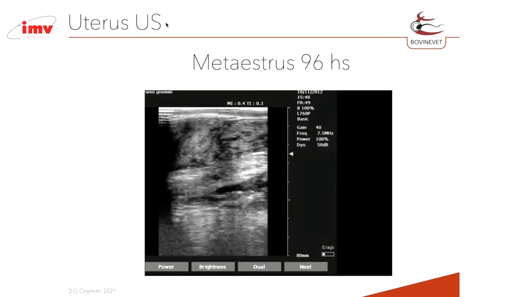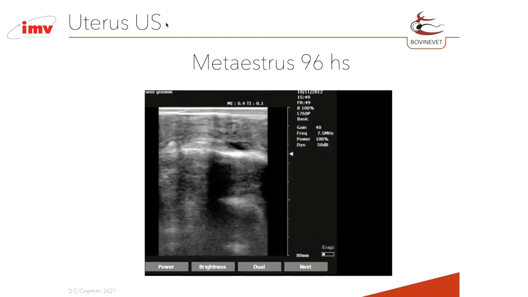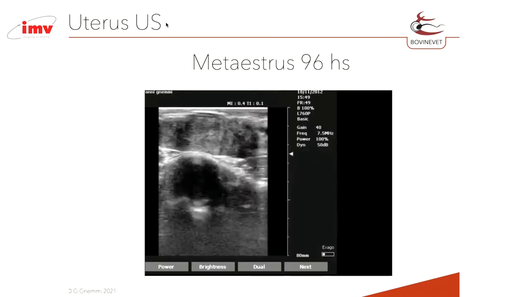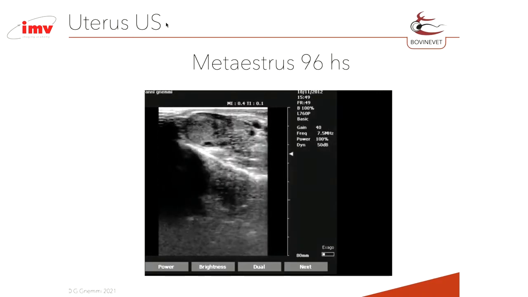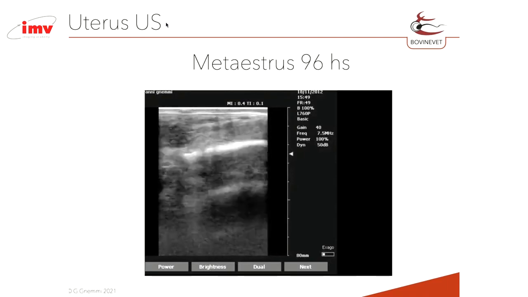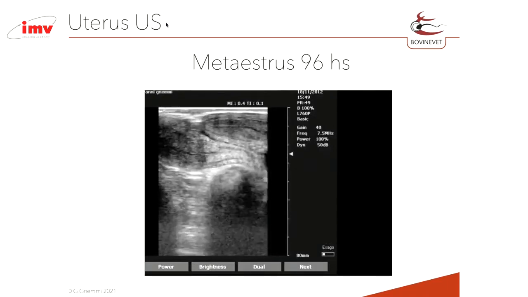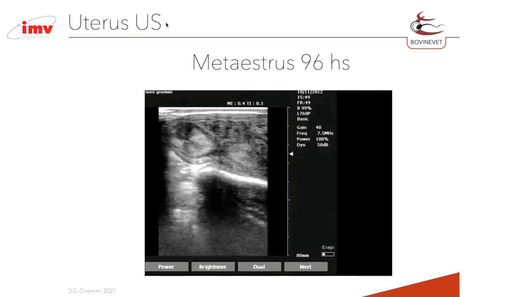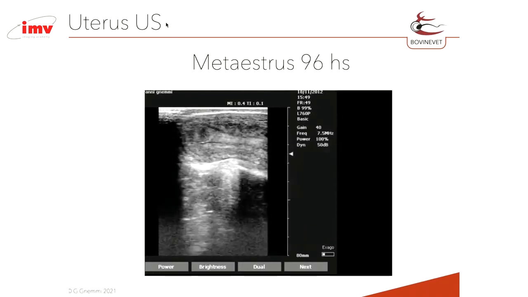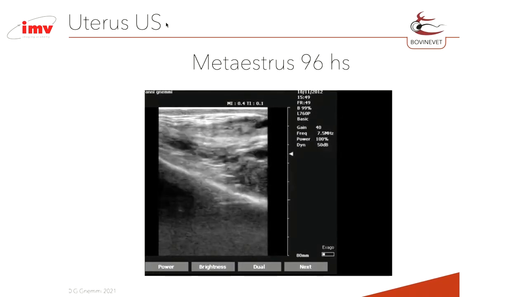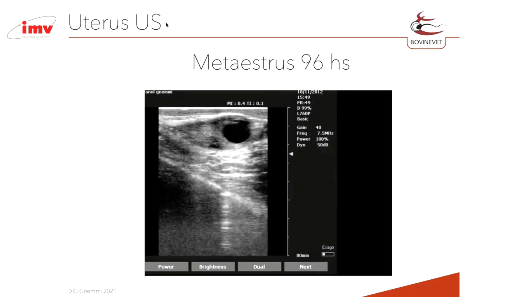Well, the characteristics of the uterus at the end of metaestrus are totally different from the first days of the metaestrus, because the level of progesterone now is around 2.5 nanograms. The level of estrogens is very, very low. So this means that we have a myometrium that is relaxed, so it's not contracted, so it's thicker.